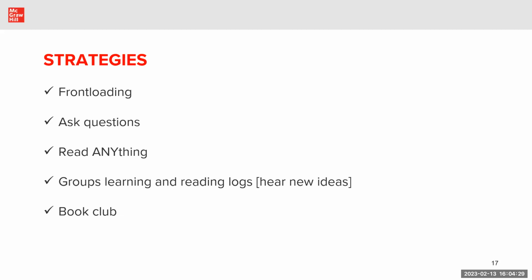One student might say, I did a mind map of this, and show it in the group, and that really might help a visual student who loves to see information presented in that kind of way. So those sorts of strategies where students are questioning, reading widely, and sharing their ideas, will all support them in developing their reading skills.